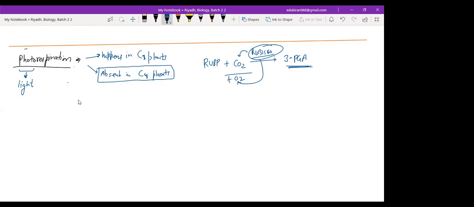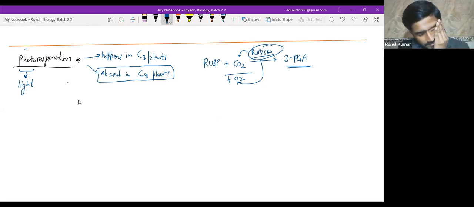Now write down, in C4 plants, photorespiration is absent. Let's consider it absent for now.